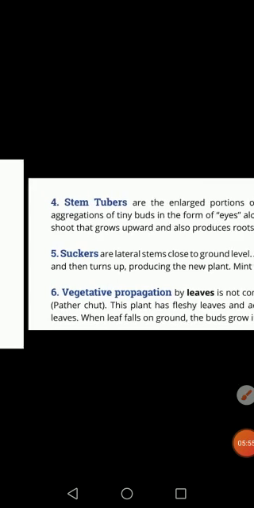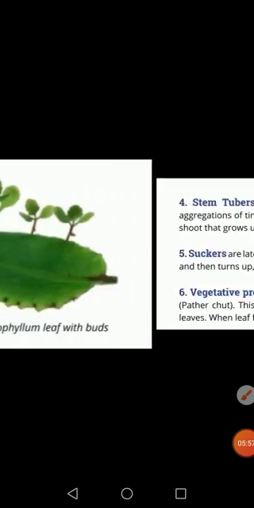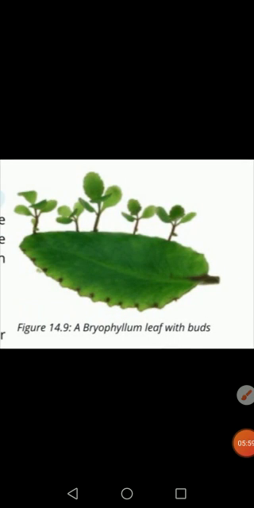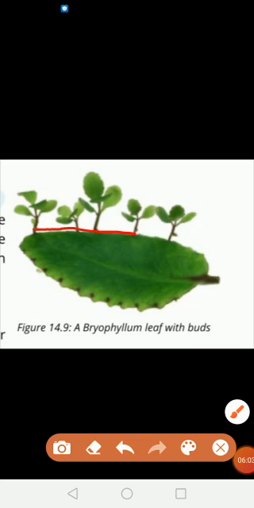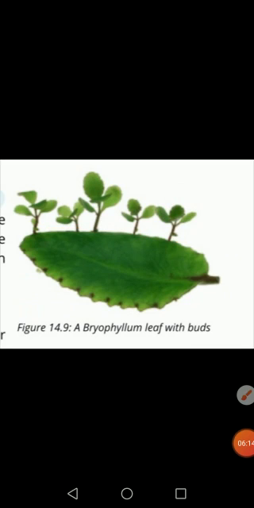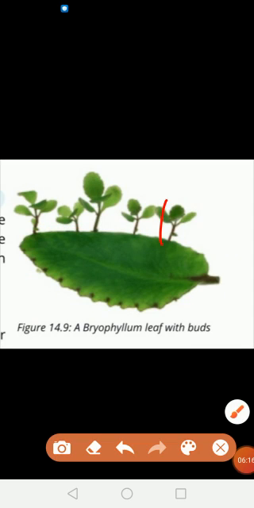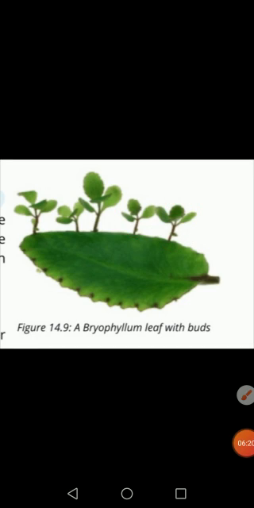This plant has fleshy leaves, and on the margins of this leaf, these are the margins, adventitious buds are present, and when these leaves fall on the ground, from these margins new plants will be produced. So that's how bryophyllum reproduces by leaves.